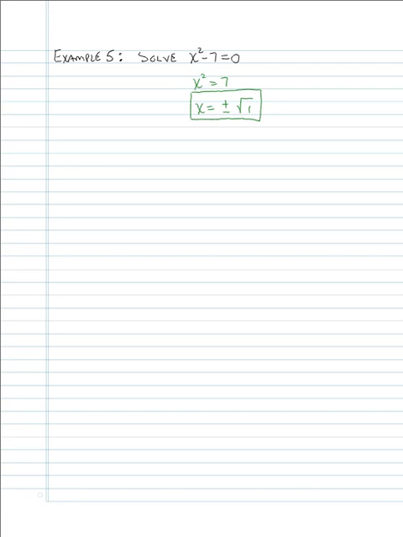Now, in the next example, it will be, of course, using the same technique, but it's a little bit more involved than what we've been doing so far. We're asked to solve 2x squared minus 10 is equal to 0.